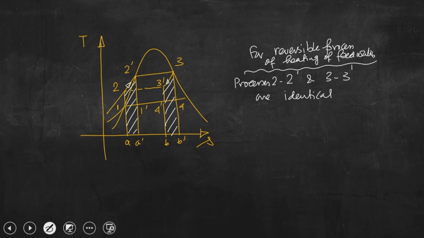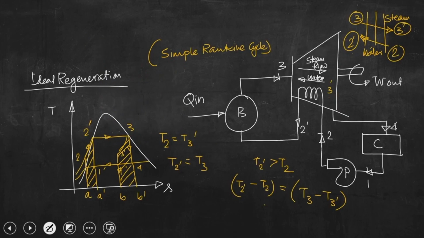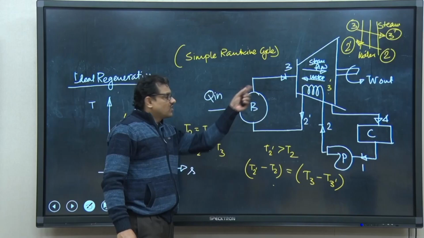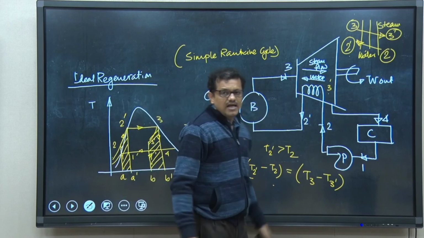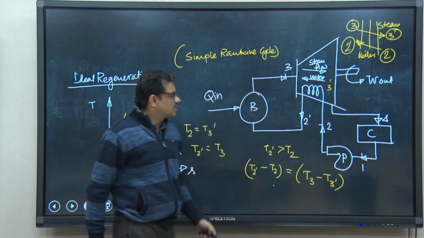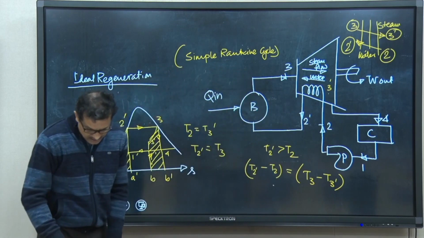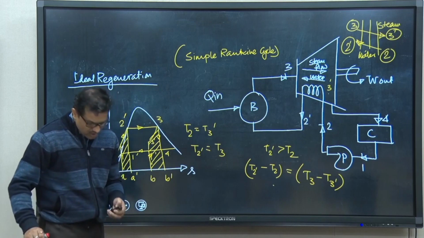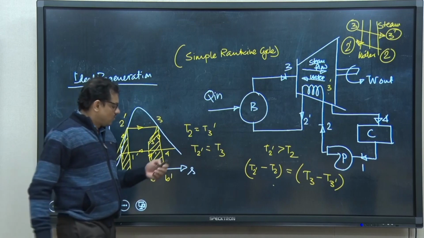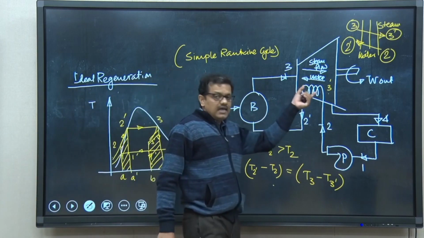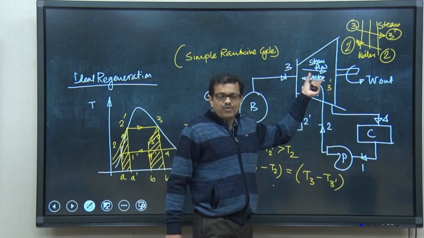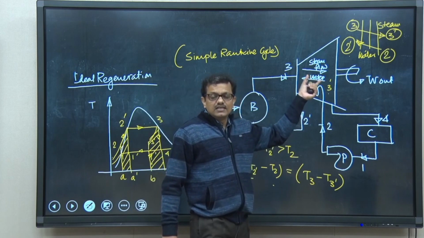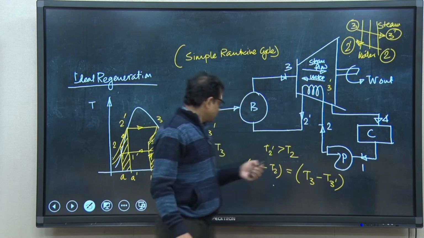So, basically you can see what we have written, the temperature at any cross section of steam and water, these two temperatures are equal. Then what we can write, the increase of entropy of water would be equal to the decrease in entropy of steam.